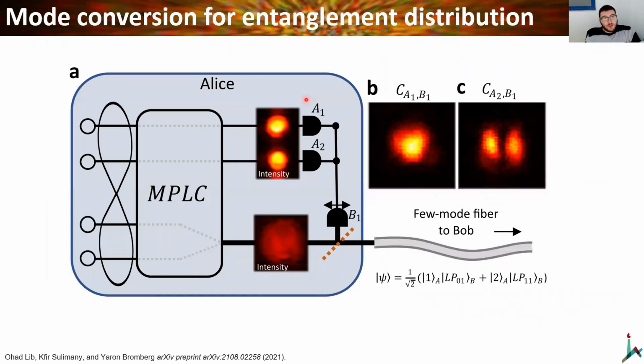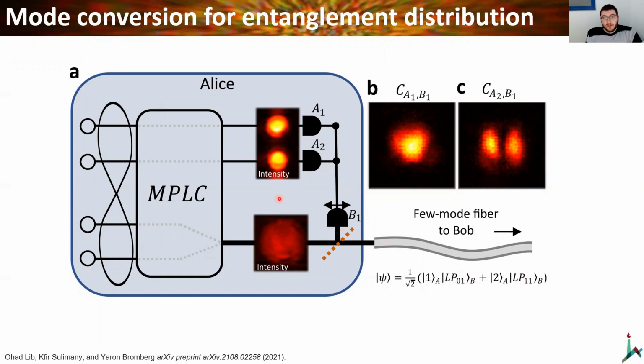The last thing I want to show you is how we can use the MPLC for mode conversion, for example, for entanglement distribution. As I've told you, the MPLC device is more generic. So if we have entanglement at the input in the pixel basis, so we have these correlated spots, we can perform the identity operation on one of the photons, but we can transform the other photon from this pixel basis into the mode basis of a multimode fiber, namely to the linearly polarized LP01 and LP11 modes.